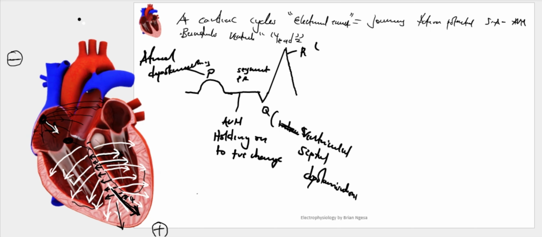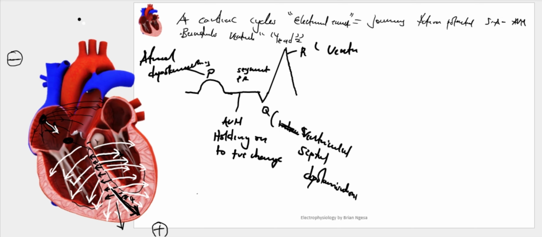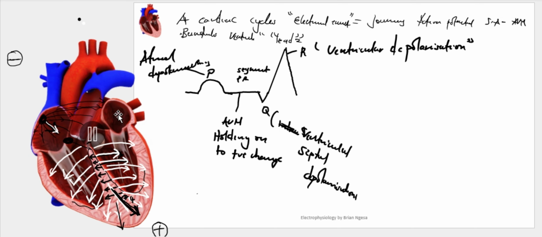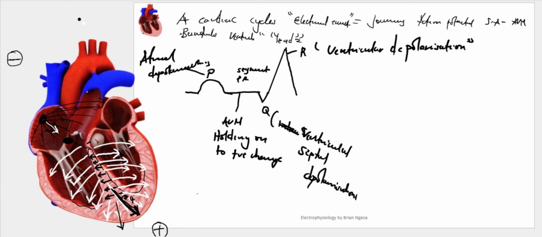The R wave is actually a representation of ventricular contraction, or in matters of electricity, depolarization. So that means you've managed to depolarize your ventricle.